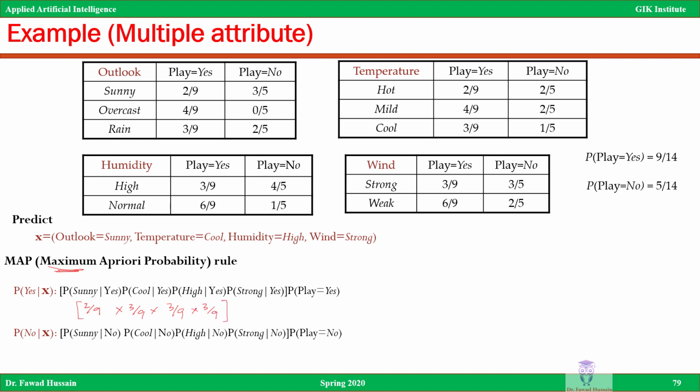Then, since we assume that it is a yes, what's the probability of being yes? That is 9 by 14.